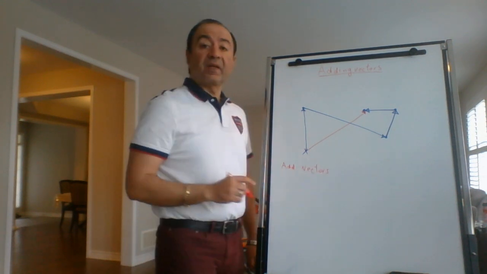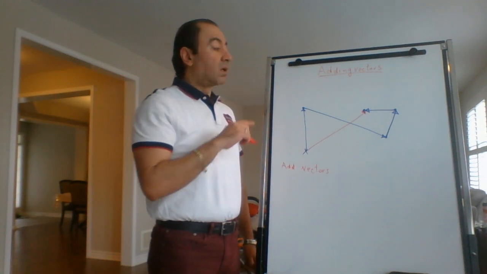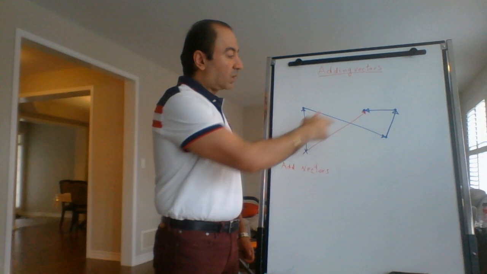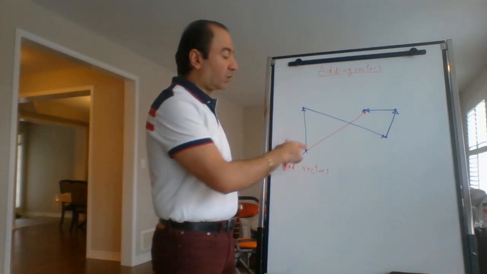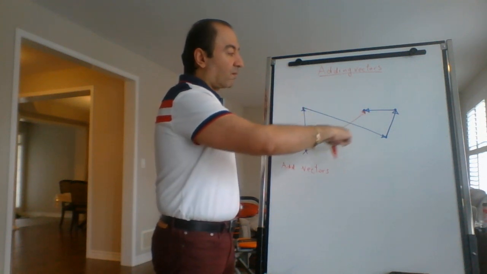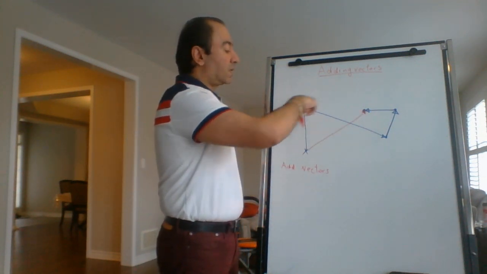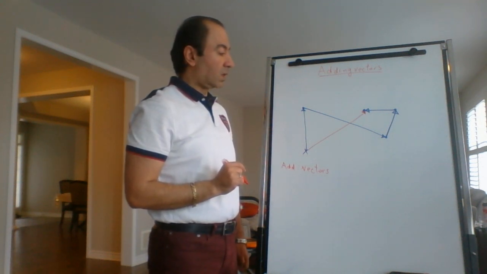So when we add vectors, we arrange the vectors head to tail. We arrange all the vectors head to tail, and we connect the tail of the first with the head of the last. This is the resultant vector. This is the vector that represents the effect of all these vectors. Okay?